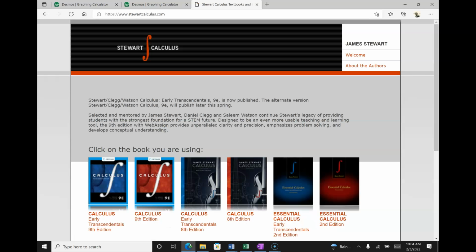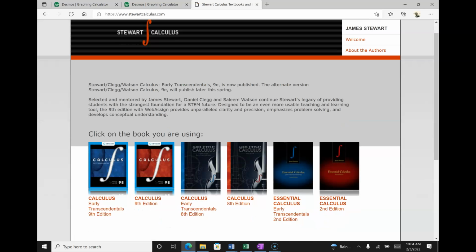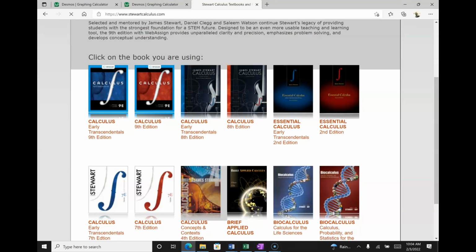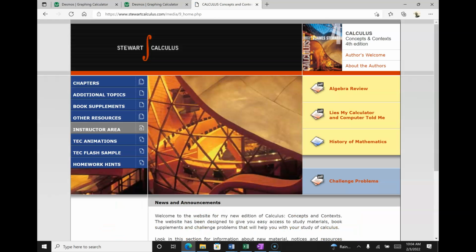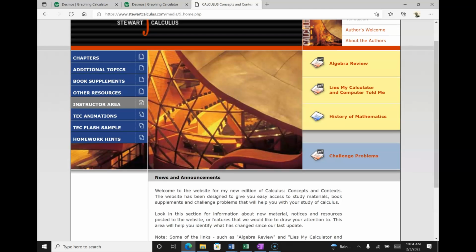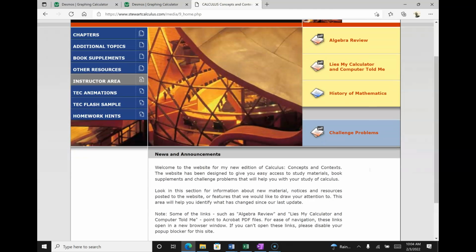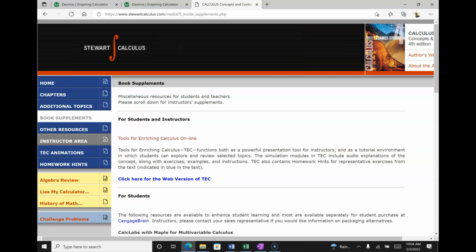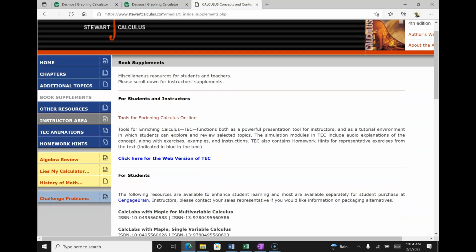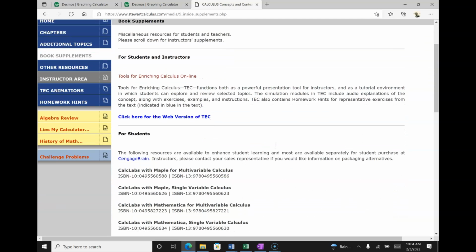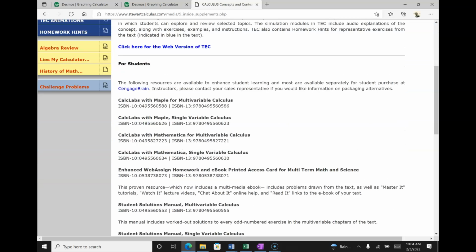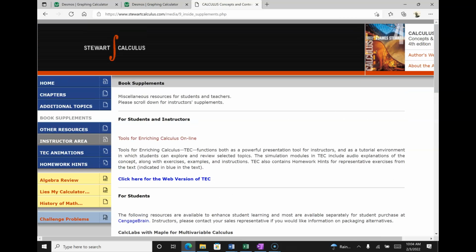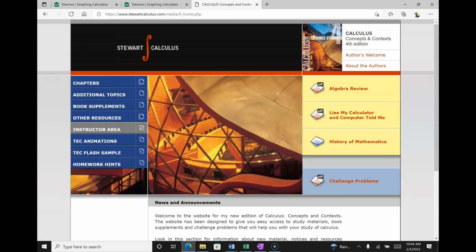Stewartcalculus.com. And then you pick your book, which is 4th edition. And then you can see supplements. It's in here somewhere. I'll find it. If you're interested, just search around. But there's a place for the authors doing all the proofs of everything.